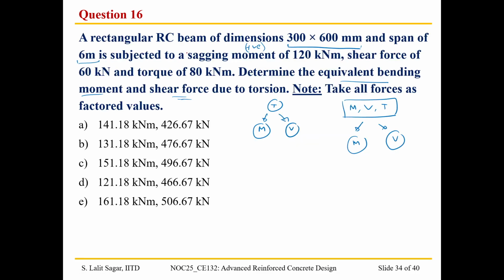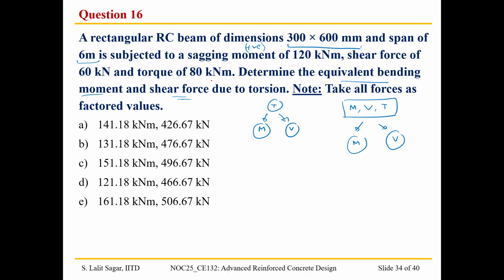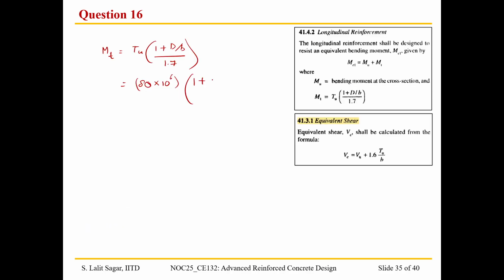Torque is 80 kilonewton meter, 80 into 10 to the power 6, into 1 plus D by B, that is 600 by 300, by 1.7. That will give us the equivalent bending moment.